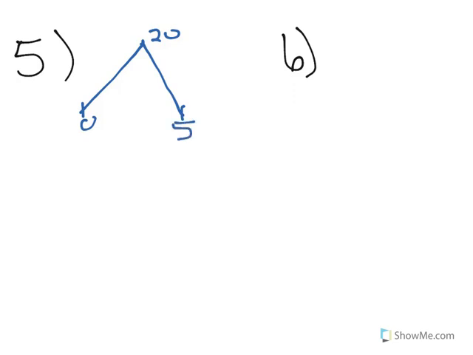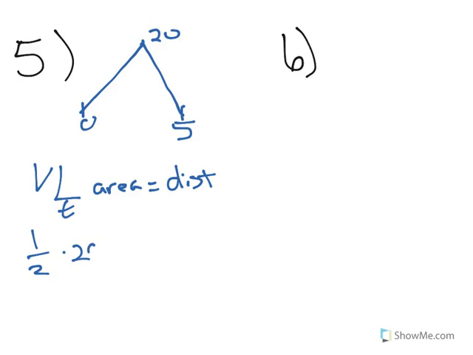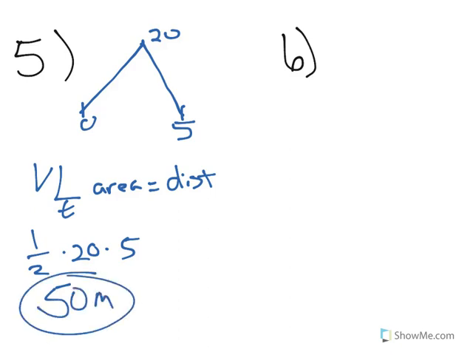So this is a triangle. The area under a triangle on a velocity versus time graph equals the distance. So you do 1/2 times 20 times 5, and you should get the answer of 50 meters.